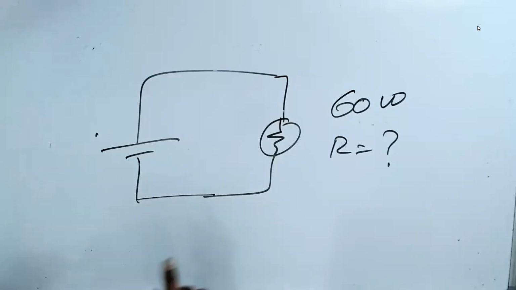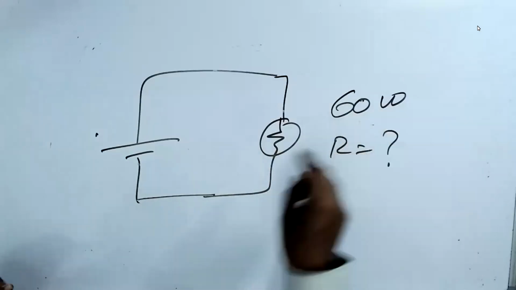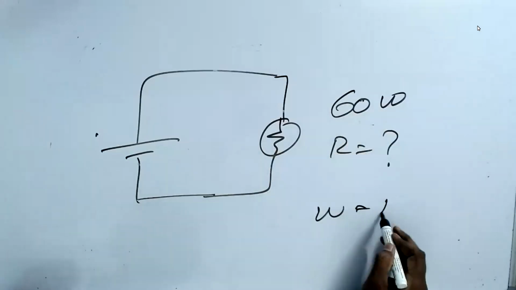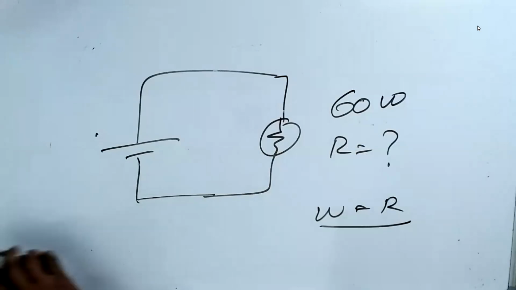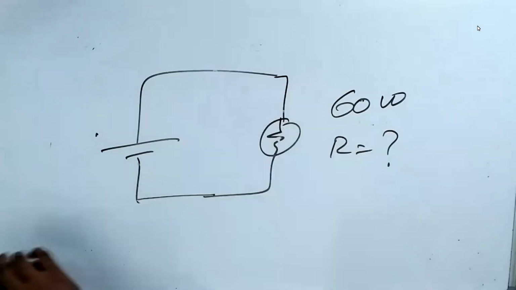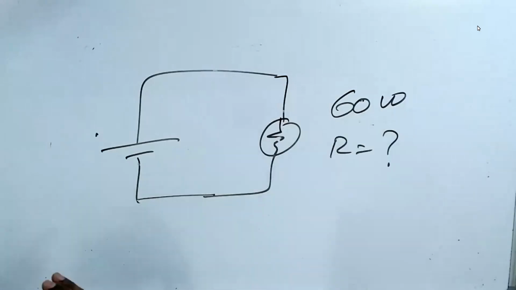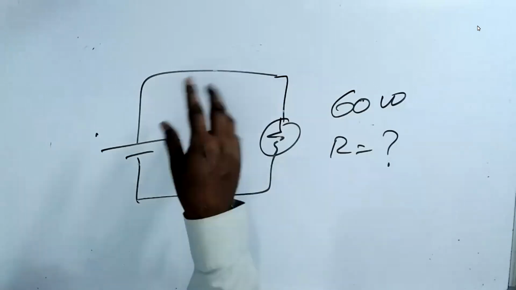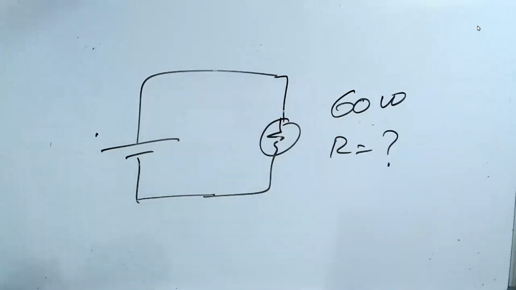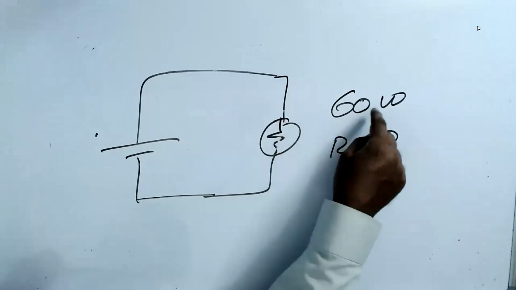I didn't say that W is equal to R. I said that all the devices are resistors. But they are telling you watts because common people don't understand ohm. They understand only watts. The middleman doesn't worry about R. They worry about watts.